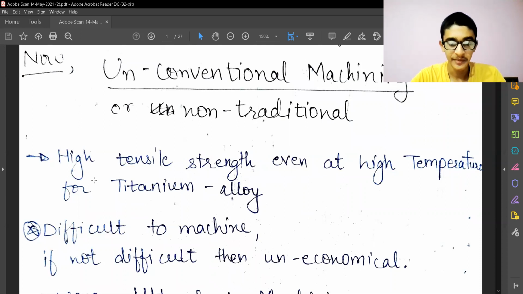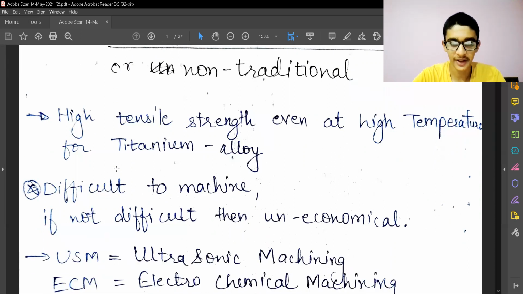So in that case, I cannot even heat the material before cutting it. If I have a very high strength workpiece, then I cannot easily machine it using my tool, because the tool has to have higher strength, otherwise the tool gets machined by the workpiece.